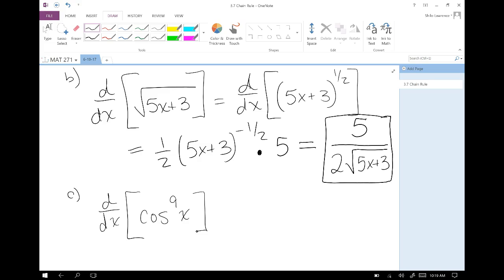This is really just cosine of x to the 9th power. We don't want to write it behind the x because it might get confused as to whether the entire cosine value is to the 9th power or just the angle is to the 9th power. And to distinguish, we would have to put parentheses.